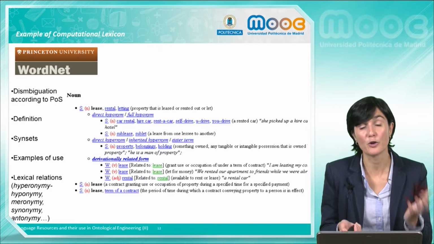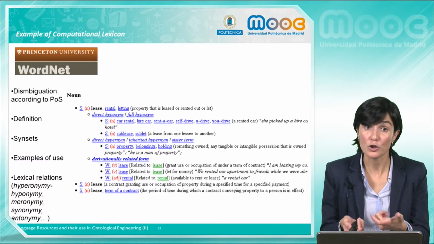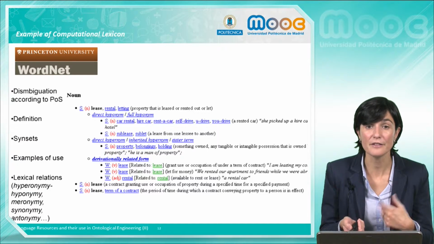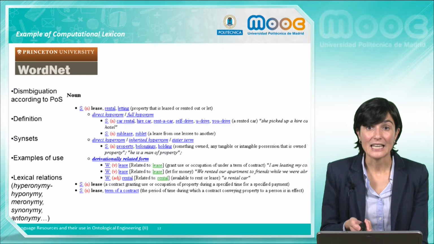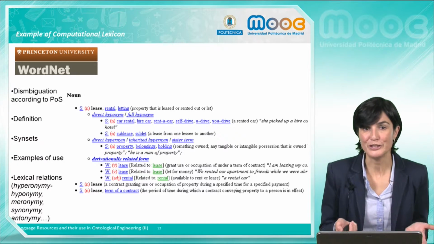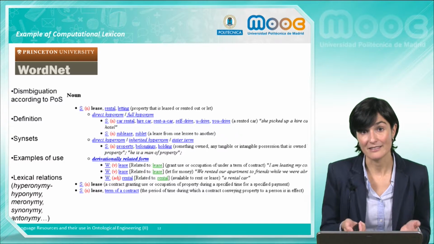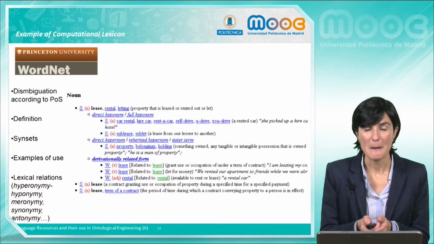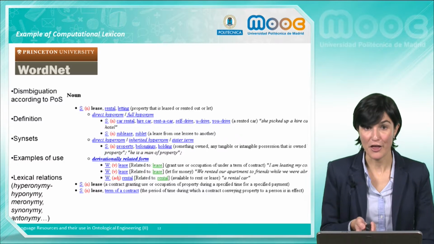It has been transformed into one of the ontology languages, into RDFS, and is many times used as an ontology. Although some researchers would claim that this is not an ontology, but this would be the topic of another video.